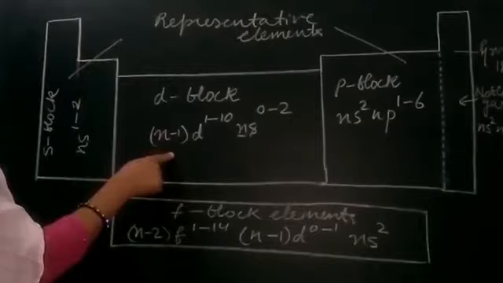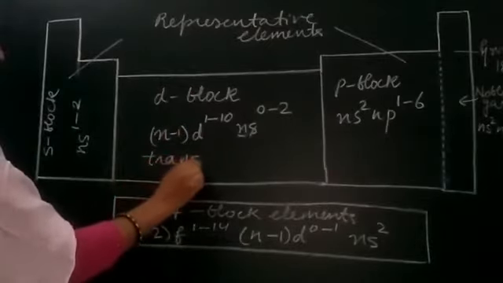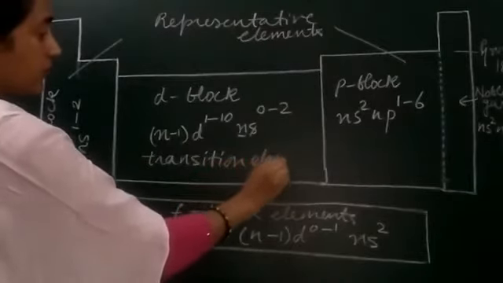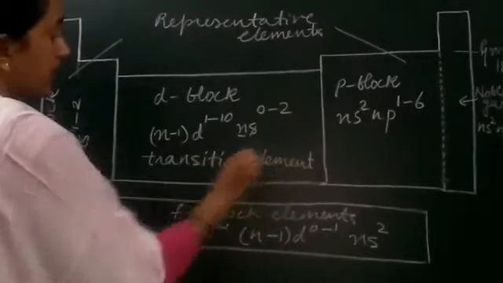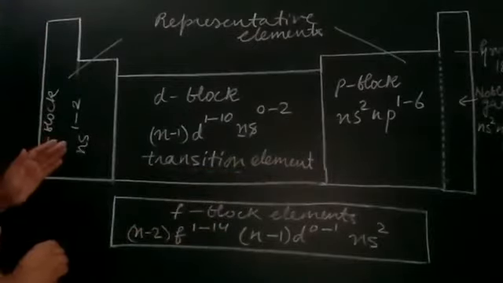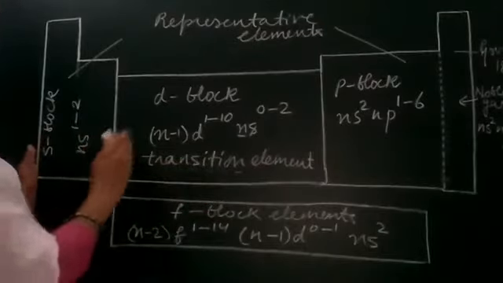This is there. So the d block elements are known as the transition elements. Here the placement of the d block elements is between s block and the p block.